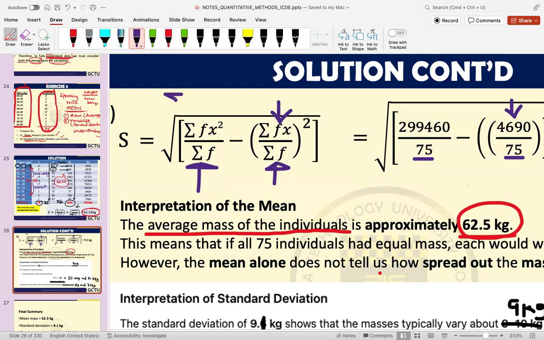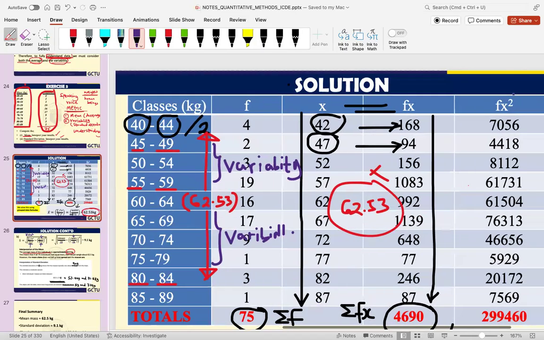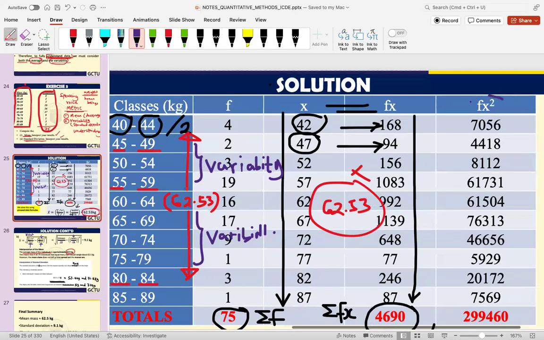Sigma fx squared. We don't know it. So we have to go and form that column on the table and find it. And that was what I did here. So I came to this side and then I formed the fx squared. If you want to remember how we had the fx squared, this is what we do.